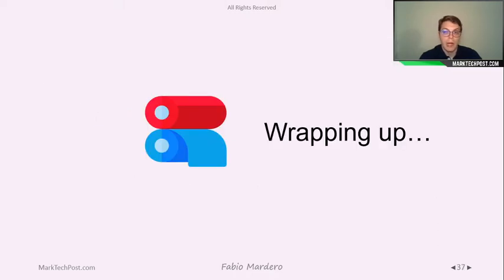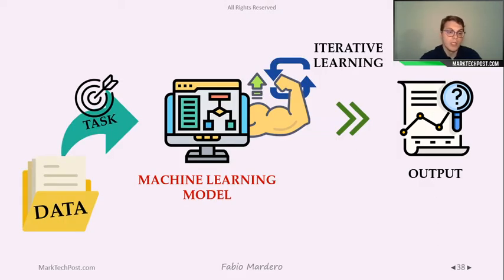So, wrapping up how our machine learning models work. We start from data, and from this set of random variables, we define a task. For example, it could be supervised learning. And depending on the task, we can use only a particular set of machine learning models. We choose one, and we start to train the model on the data through an iterative learning process.